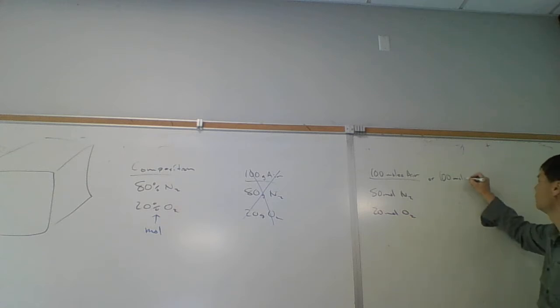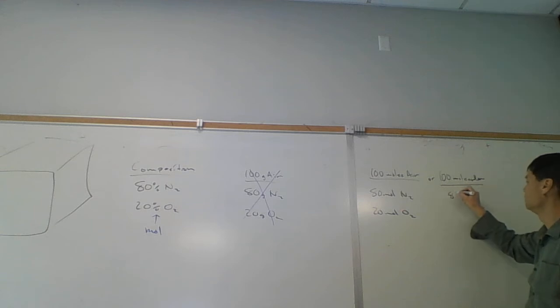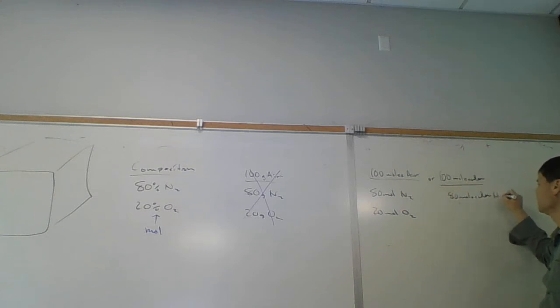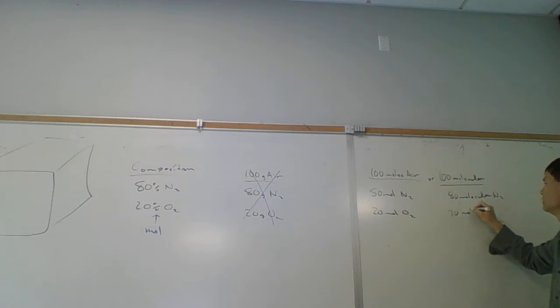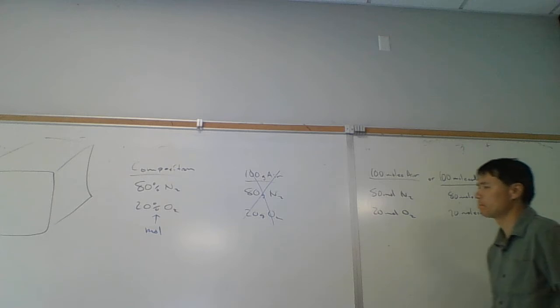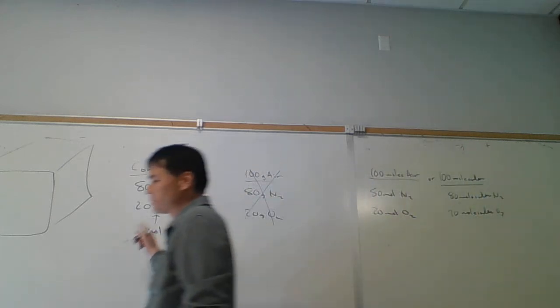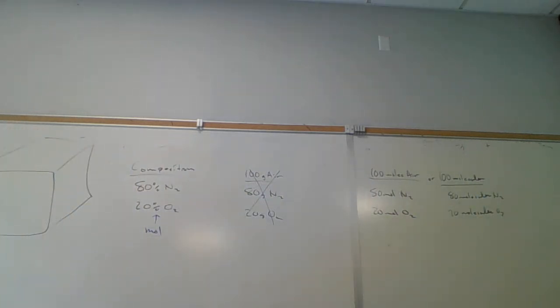Or 100 molecules would be 80 molecules of nitrogen and 20 molecules of oxygen. And so it's not a mass percent for air composition, it's a mole percent. Since the molecules weigh different amounts, they're going to give you different mass percentages.